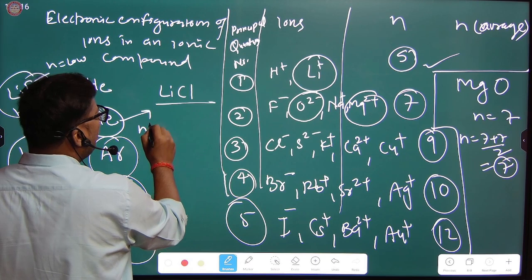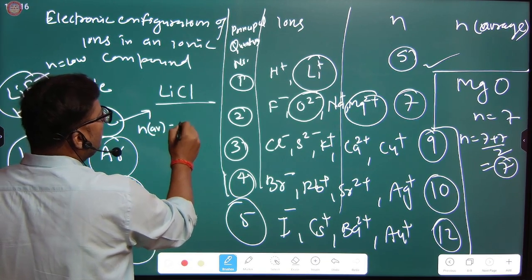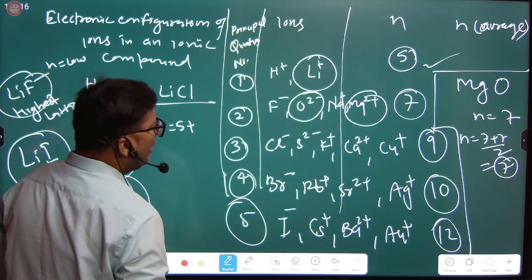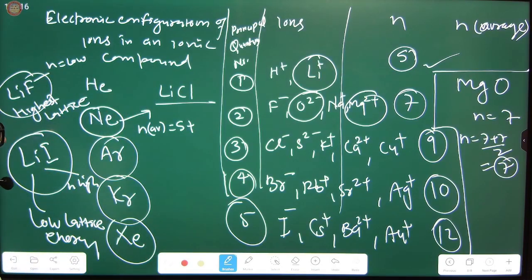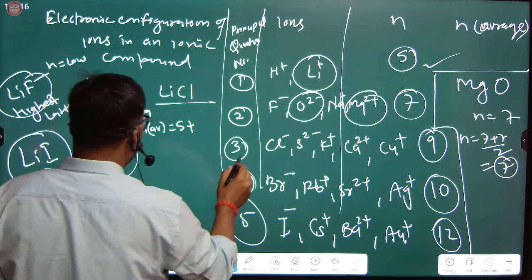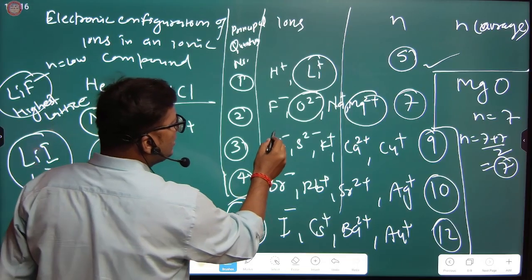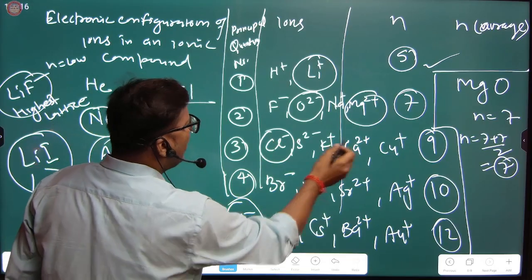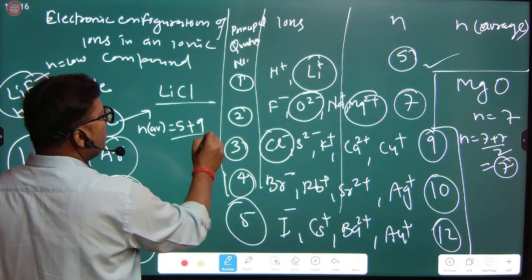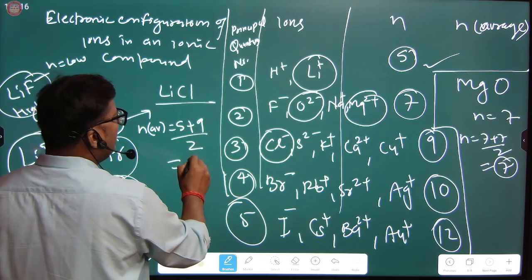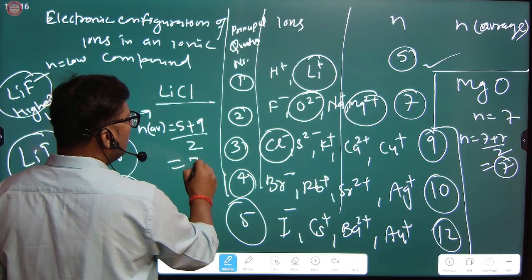So n average is 5 plus, and the chloride ion exists in an electronic configuration like argon, so chloride has the value 9, divided by 2. So in this case also it is 7.